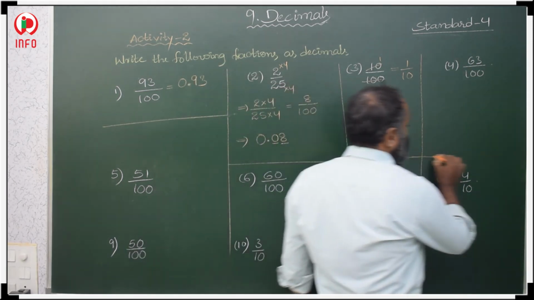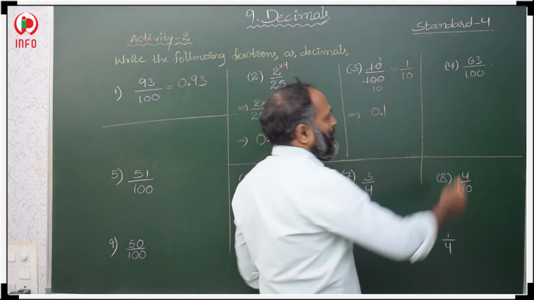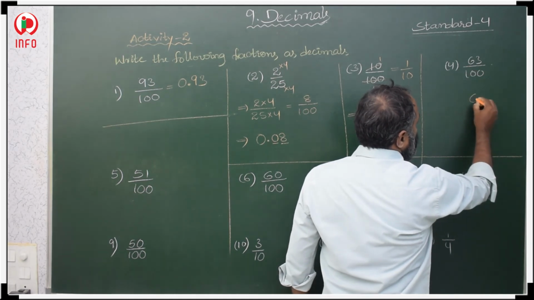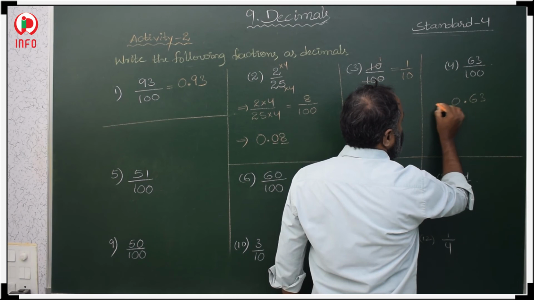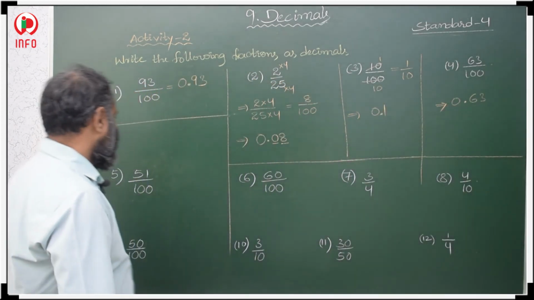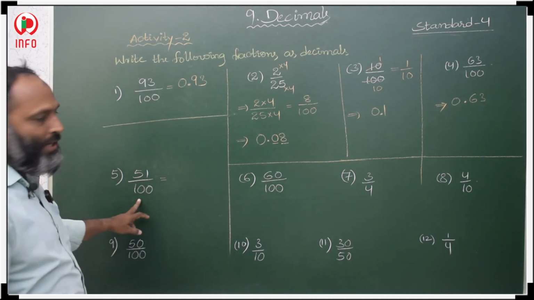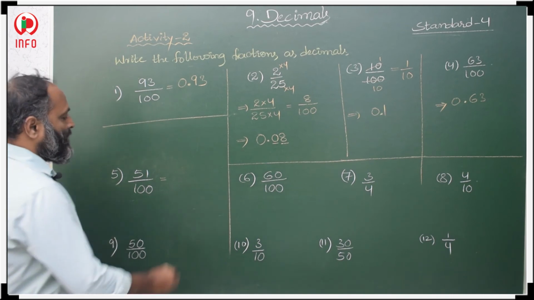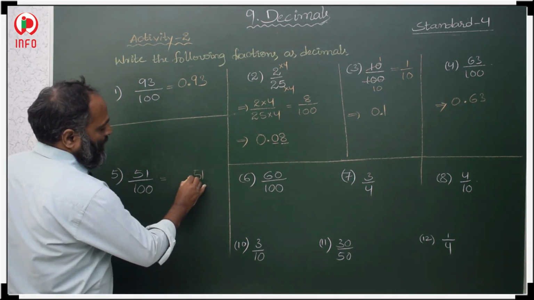Now 63 hundredths. Hundredths means 2 places. After 2 places, from right to left, we keep a decimal, then 0, so 0.63. Then 51 hundredths. After 2 places from right to left we keep a decimal.